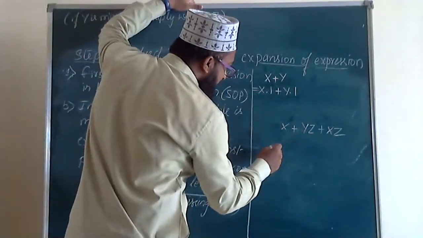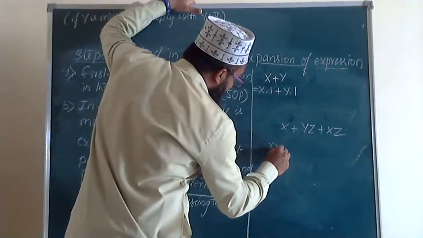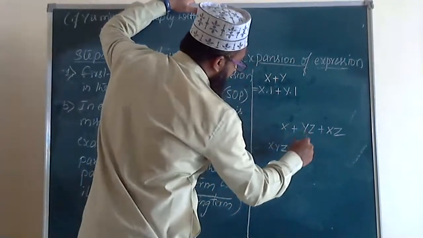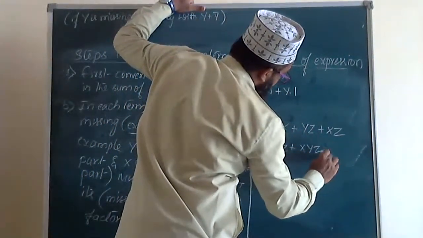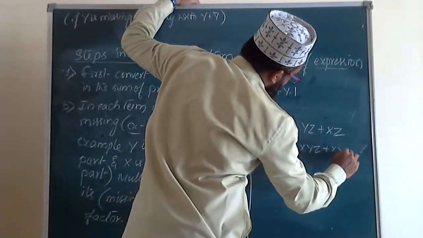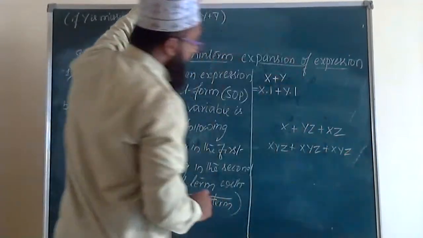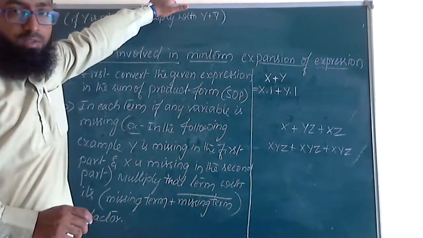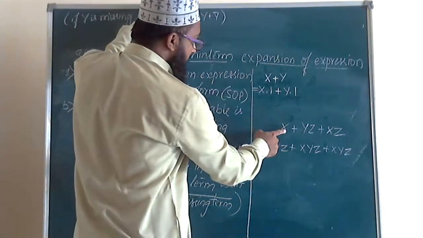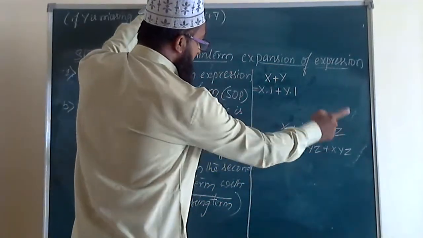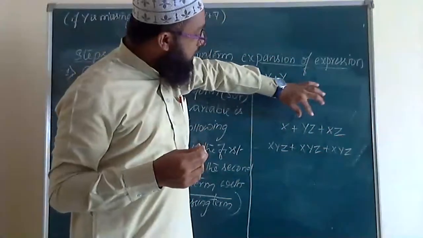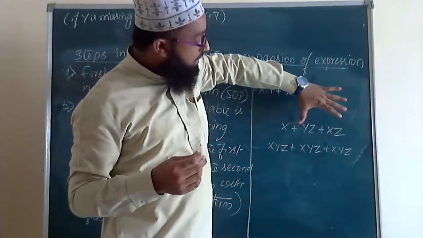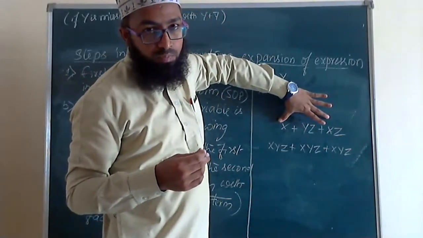Here x is there, then yz is there, then xz is there. These are three terms, so this is an expression of three terms.